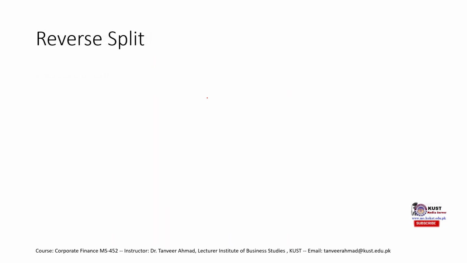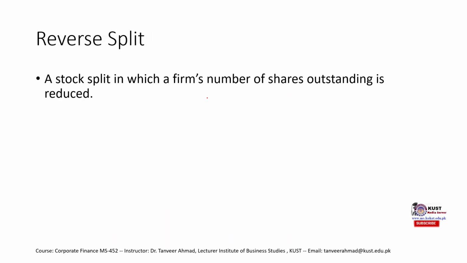Okay, so what is reverse split? A stock split in which a firm's number of shares outstanding is reduced. If you recall, stock split increases the number of shares of the firm or shares outstanding.